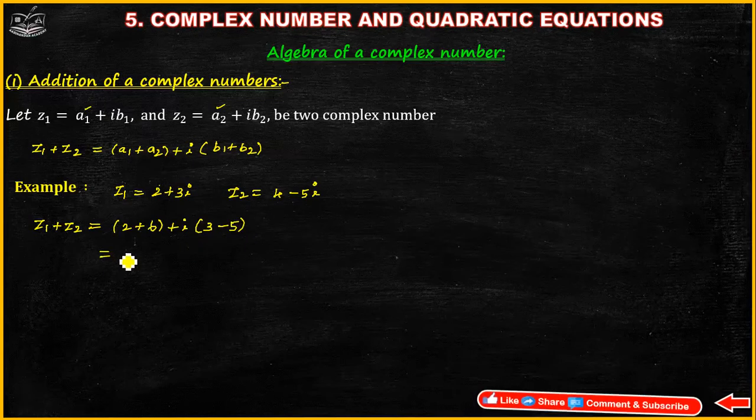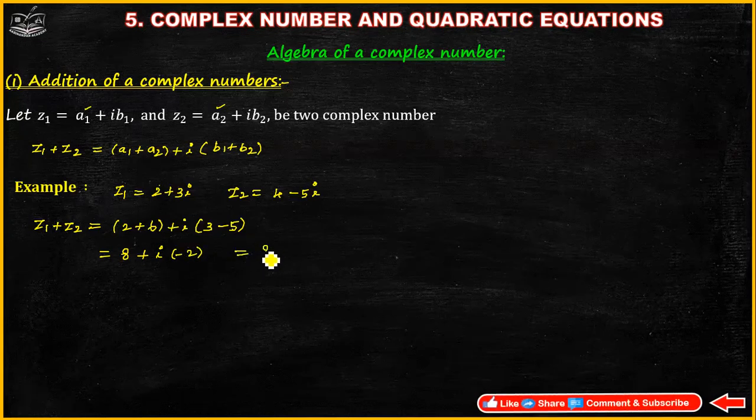Simplifying, we get 6 plus i into 3 minus 5, that is 6 minus 2i. This is the addition of two complex numbers: add the real parts, add the imaginary parts.